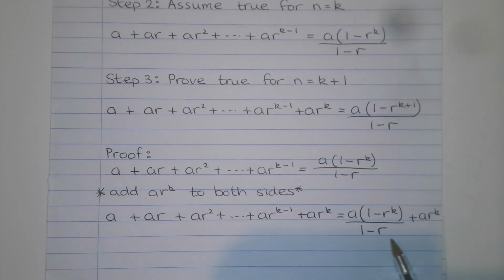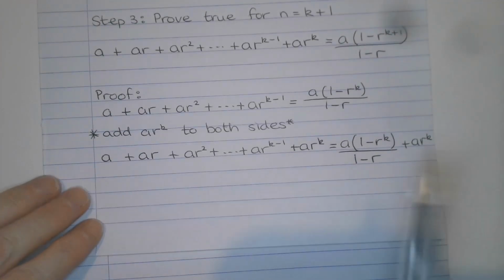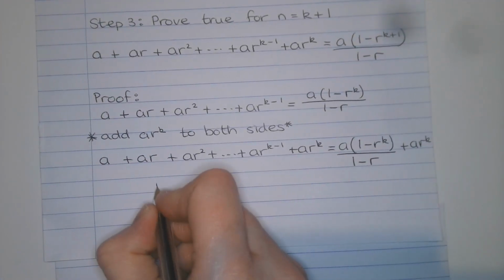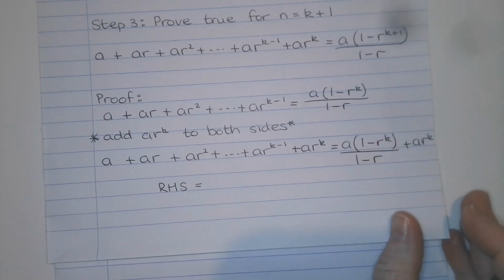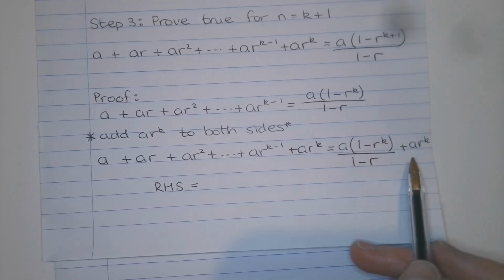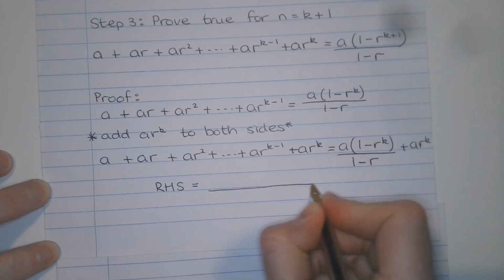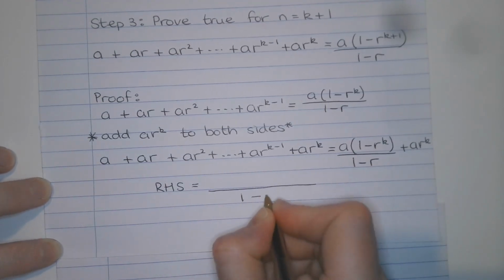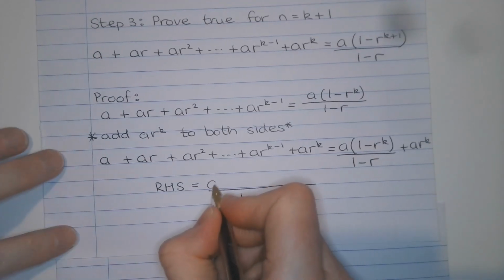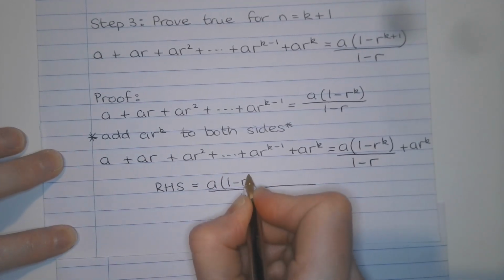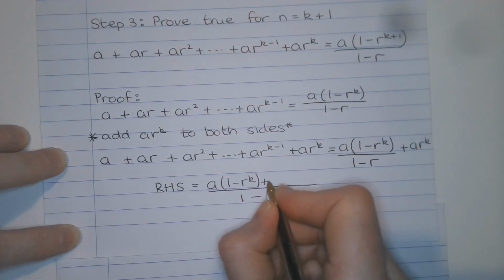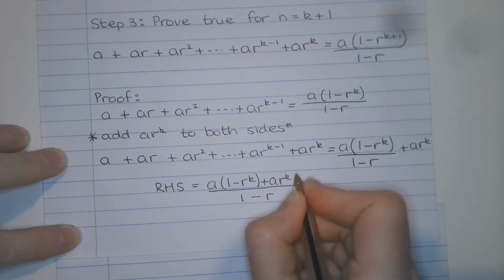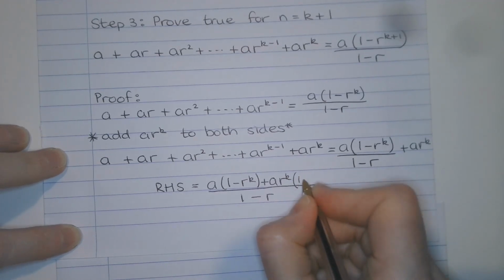Now we are just going to focus on this right hand side. So our right hand side will be equal to, if I bring it together, I need to add these together, so I'm going to bring it together in a common denominator. The common denominator being 1 - r. So I will have my a(1 - r^k), and then I'm going to have a plus ar^k times by 1 - r.